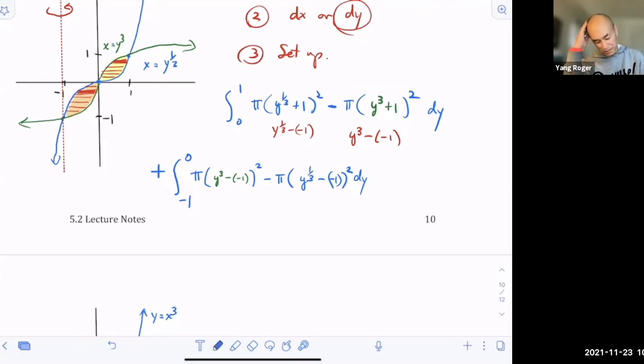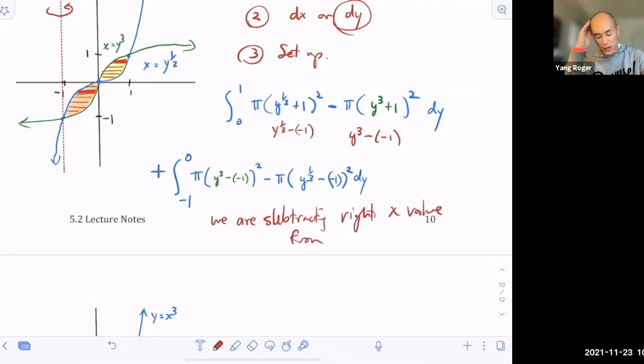So let me make a note here. We are subtracting the right x value from the left x value. Okay. All right, cool.